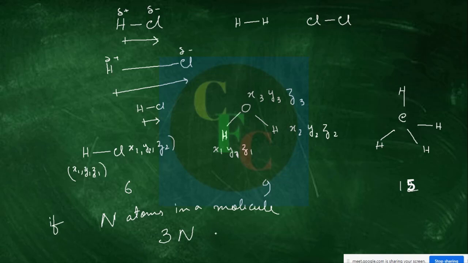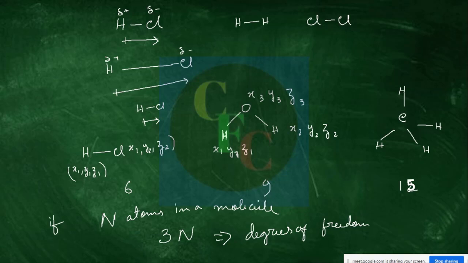We say that these have 3n degrees of freedom. You might have heard this name before, but this is how you say it: there are 3n degrees of freedom for a molecule which has n atoms.